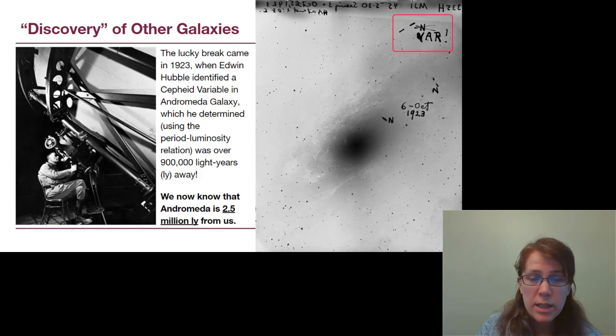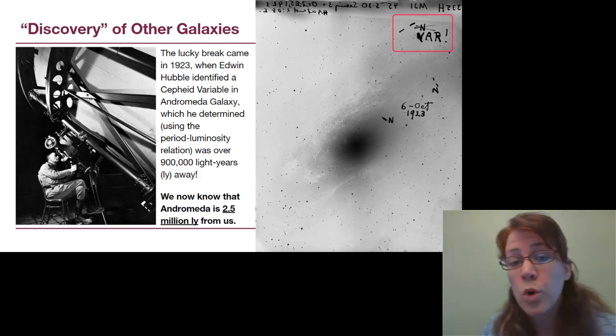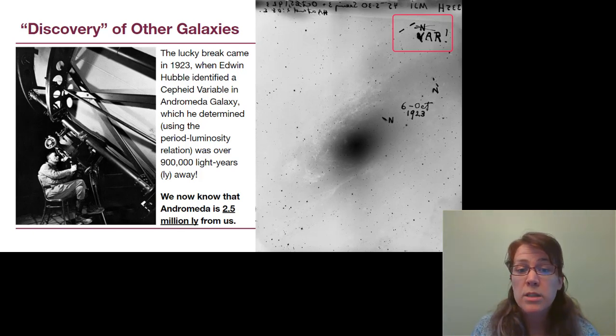At this point in 1923, this was still very early on in the period-luminosity relation, and it hadn't been fully, properly calibrated. So the published paper for that work said that Andromeda Galaxy was 900,000 light years away. That is a huge number, even for being wrong by too little.